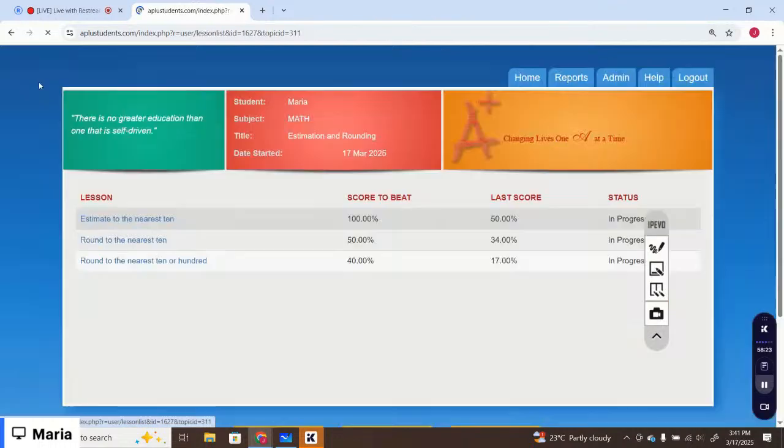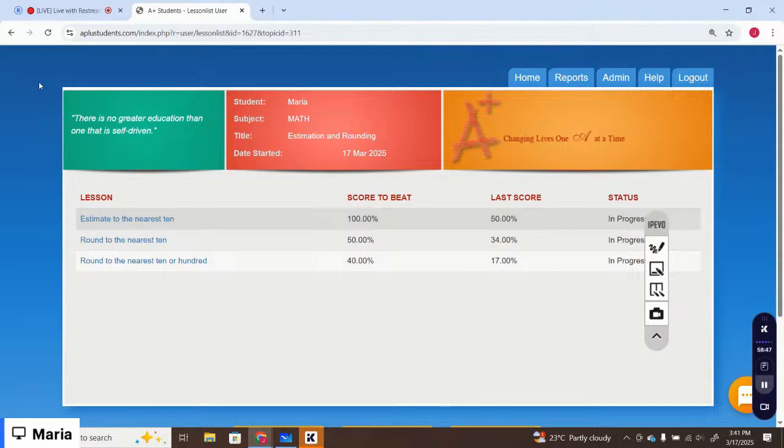So we were working on grade 2 math. The chapter we were working on is estimation and rounding. The lessons we have covered today are estimate the nearest, and round to the nearest 10 and 100.